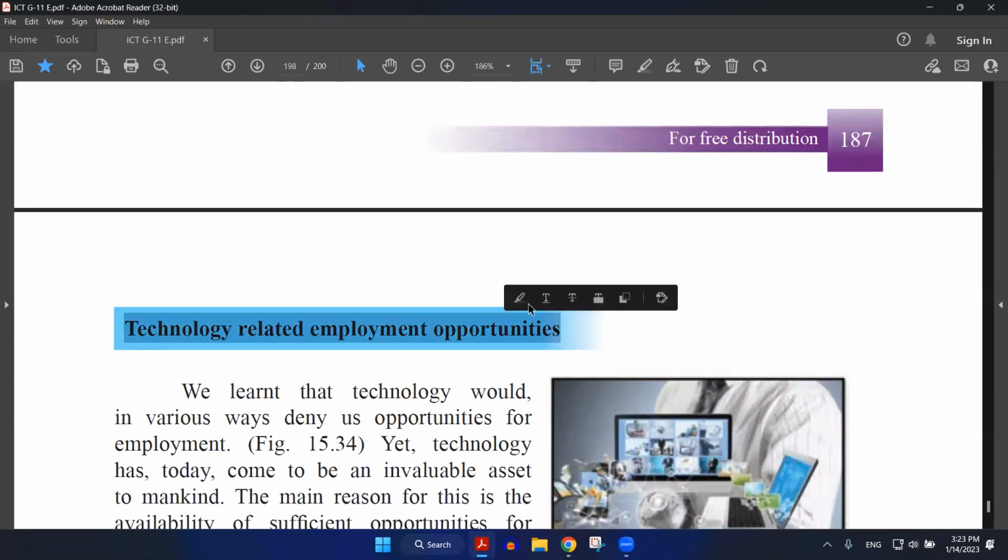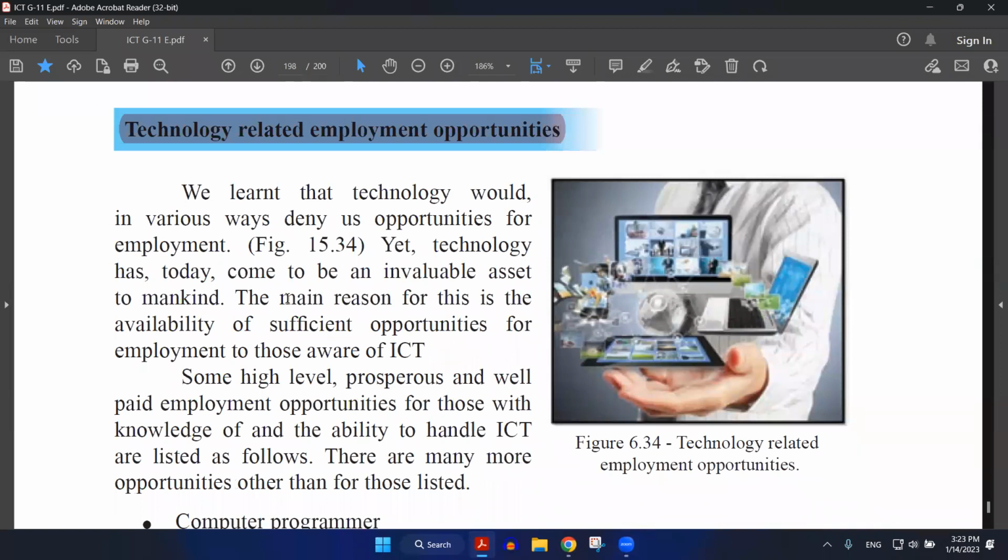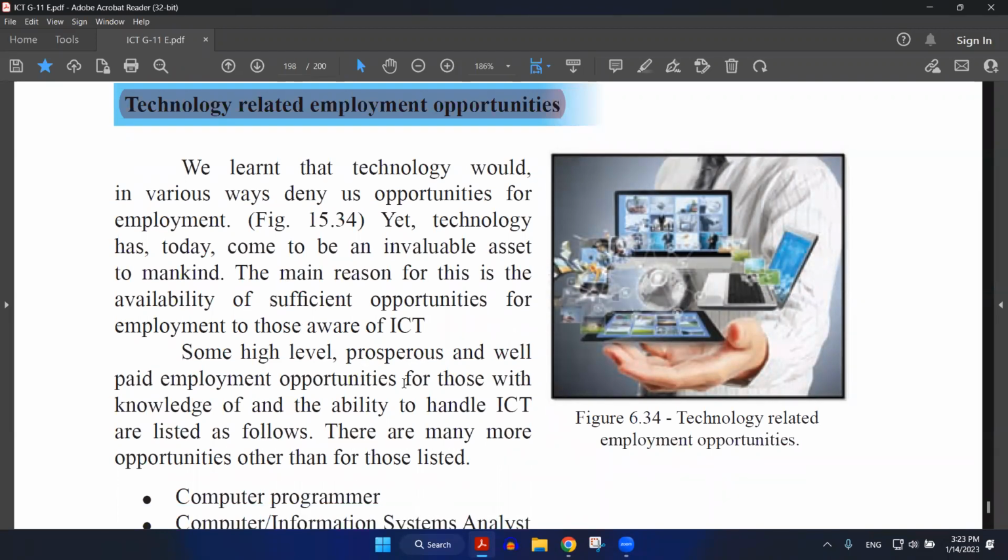So, subheading: let's have technology-related deployment opportunities. You can write this and then come to the list, right? So copy it down, then I will scroll it up.